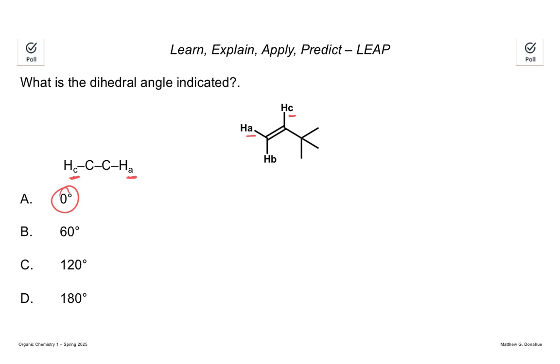So the pi bond necessarily makes those hydrogens in the same plane. The fact that they're both on the same side of the alkene means that the dihedral angle is 0. CB, so HC, carbon, carbon, HB. What is that dihedral angle? 180.